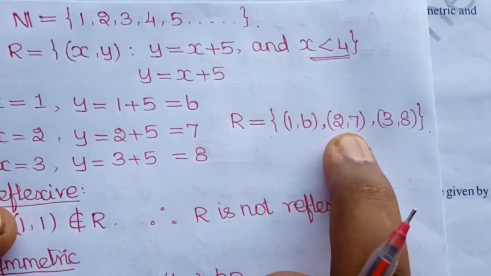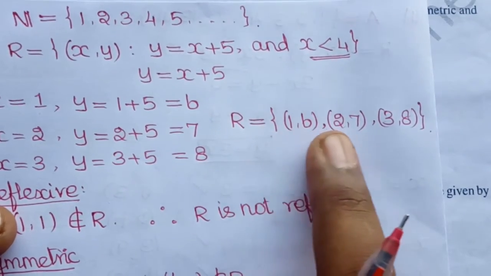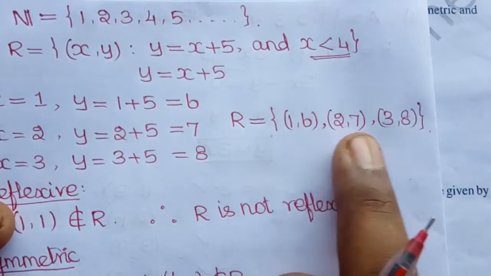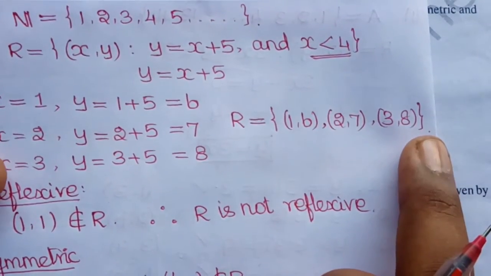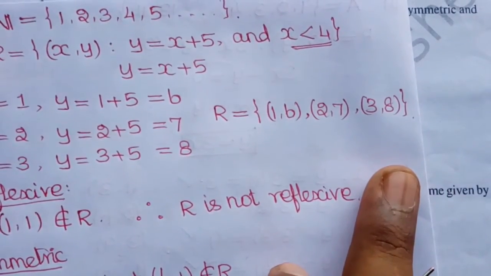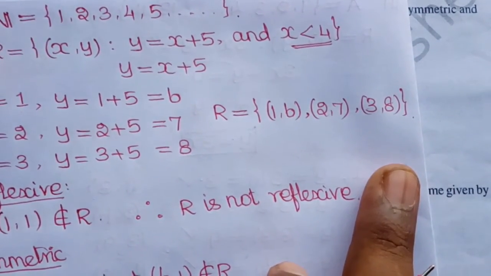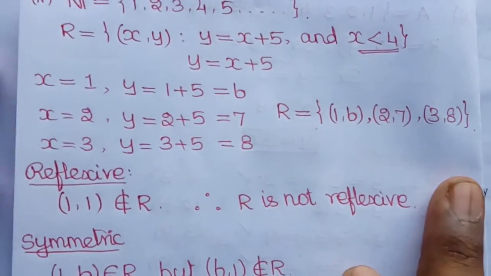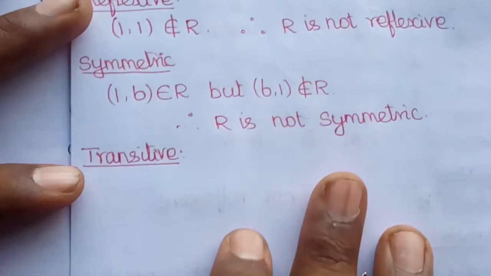This ends with 7, no elements start with 7. This ends with 8, no elements start with 8. So there is no two different pairs of the form (a, b), (b, c).